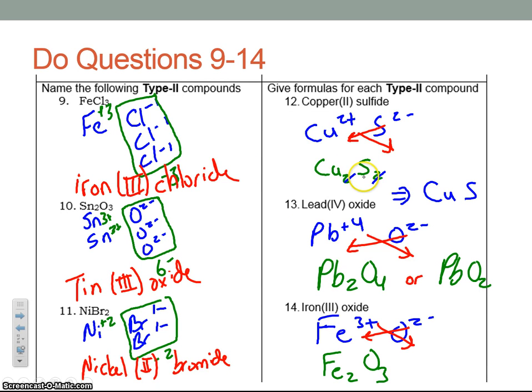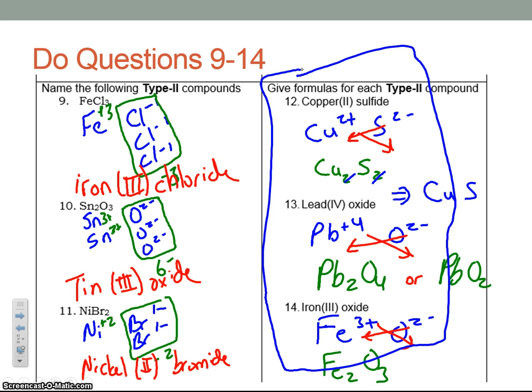I also think you should be able to do things like 12 through 14. This is new to us, so I think you should be able to do these. This here is hard, okay? This stuff is hard. So I don't want you to freak out about that yet. We're going to have more practice on it.